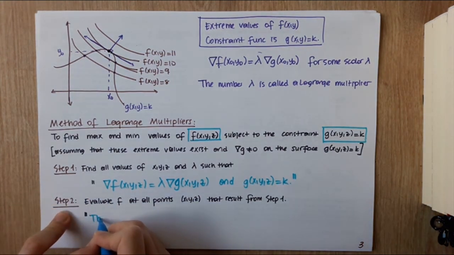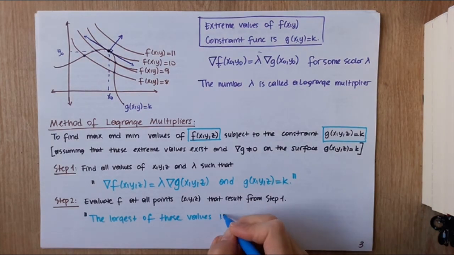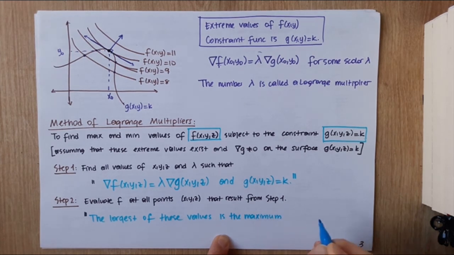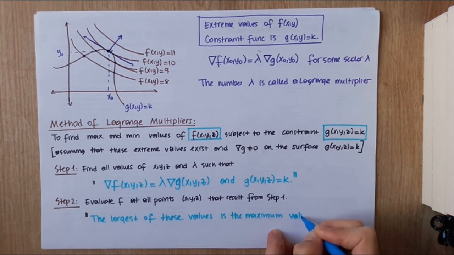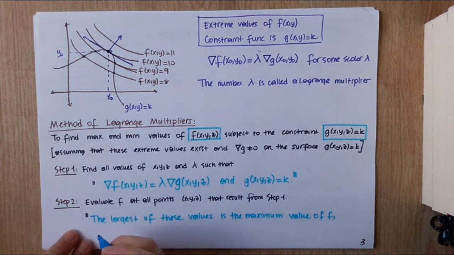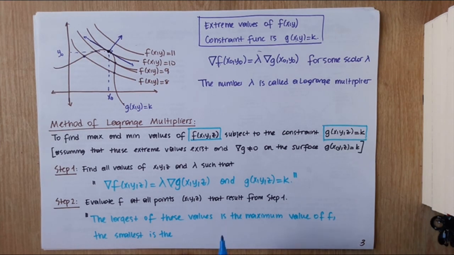Then the largest of these values is the maximum value of the function, and the smallest value is the minimum value of the function.